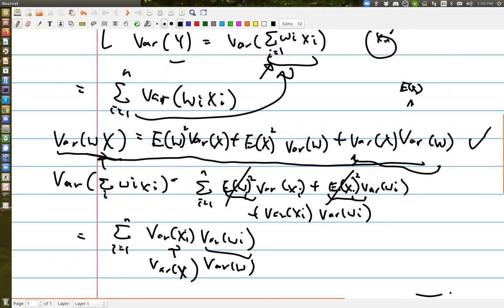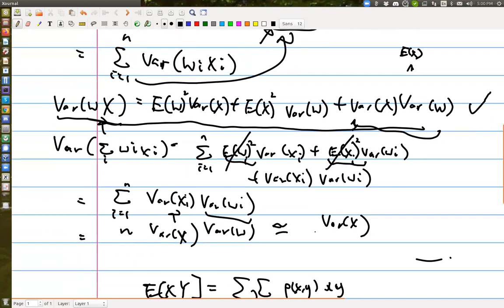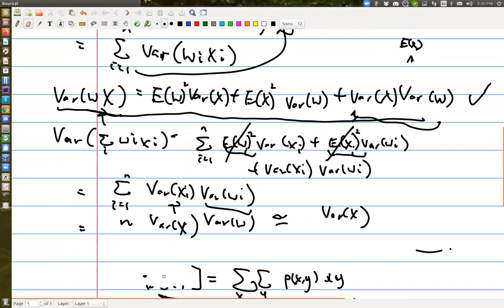Then I sum over n, so I have n of them here. Remember what we hope: we hope the output has the same variance as the input, so close to variance of x. That gives us the variance of W should be approximately 1 over n.